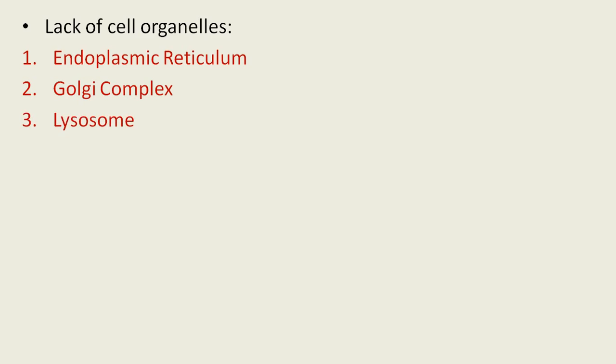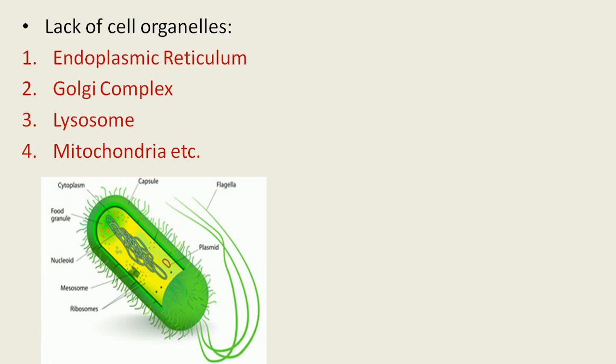The lysosome, the suicide bag, is absent in bacteria. Then mitochondria is also absent, and these four major organelles are absent in the prokaryotic organisms or Monerans. Here we see the pictures. This is a bacterium. Inside the picture we only observe the nucleoid, that is, the absence of a nucleus. We do not see any ER, Golgi, lysosome or mitochondria.